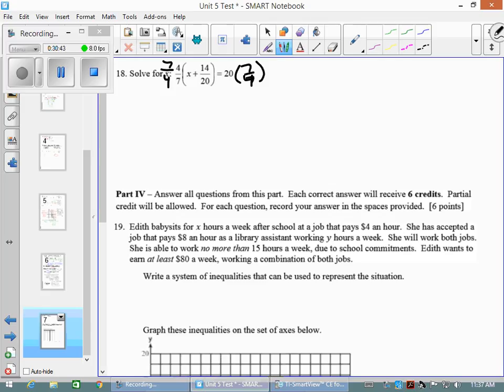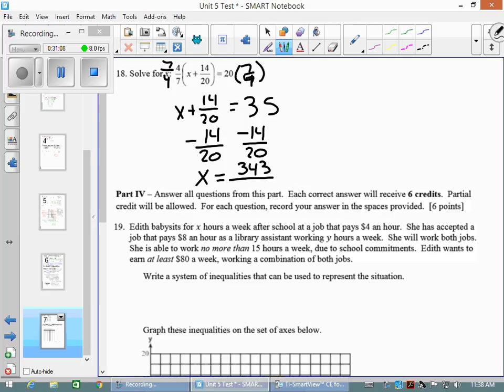Now I want to get x by itself, so I need to subtract this 14 over 20. If I try to do this in my calculator, with alpha y equals, I would get x equals 343 over 10. If you did get it as a decimal, you should also have that x equals 34.3. So either one of these answers will be accepted.